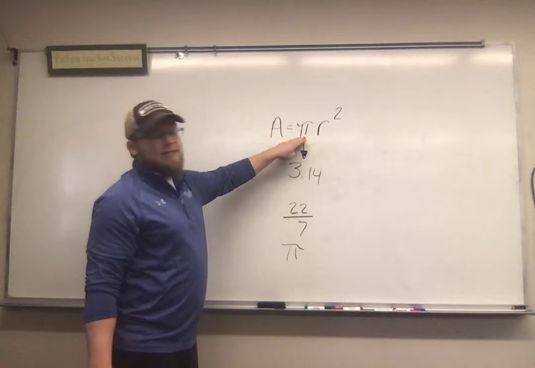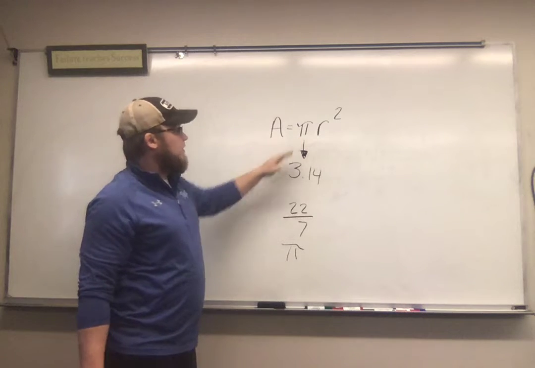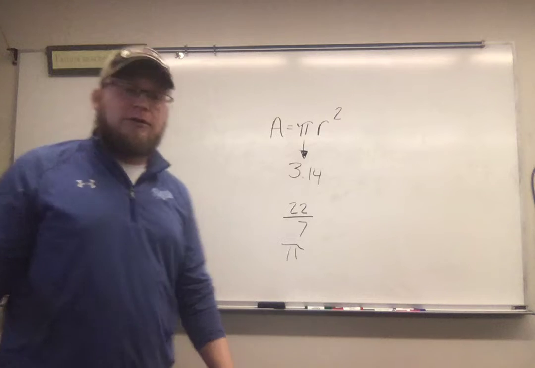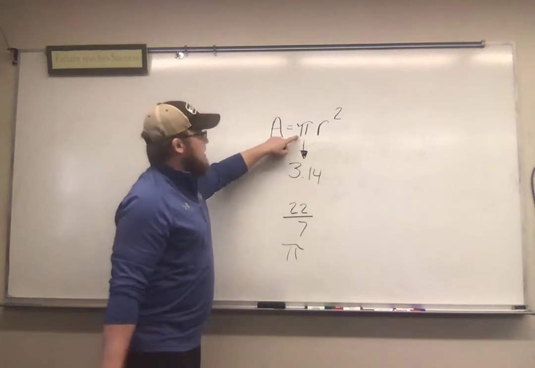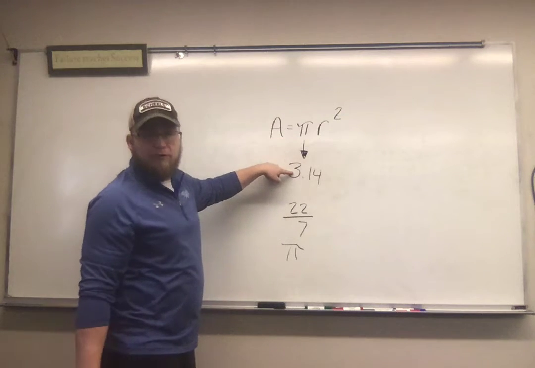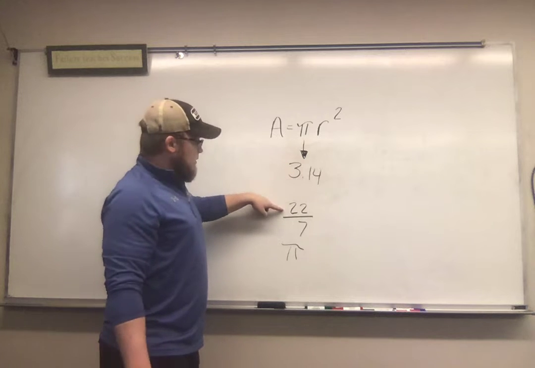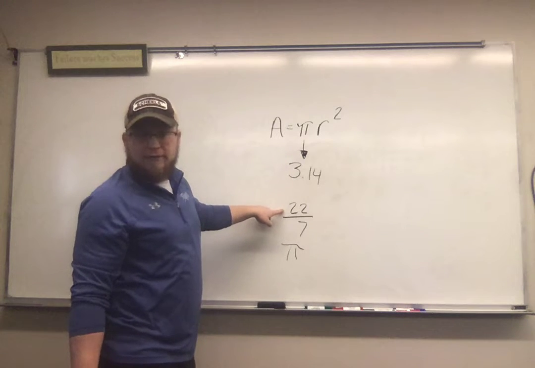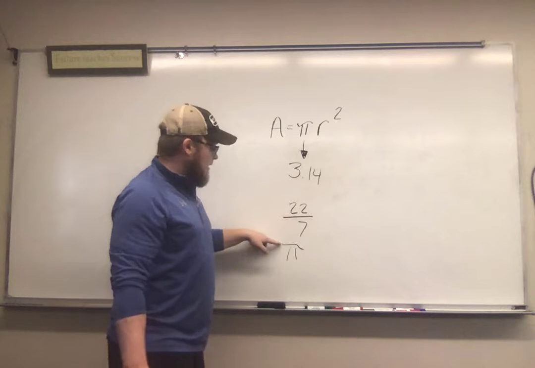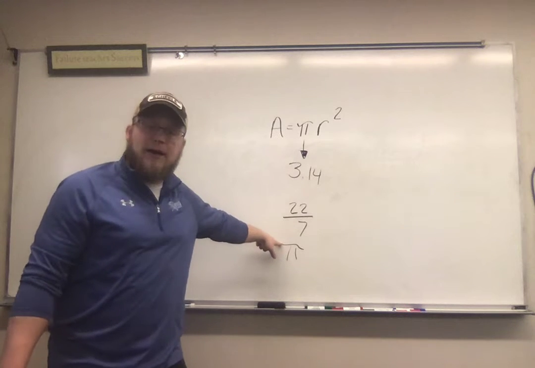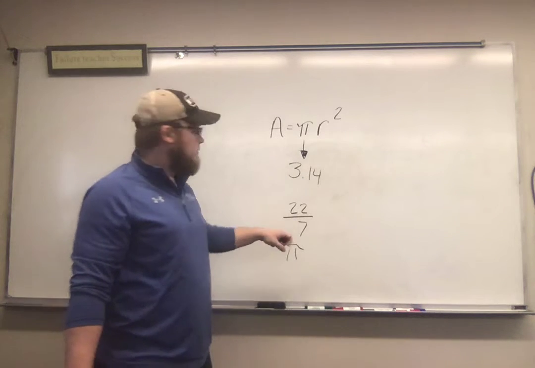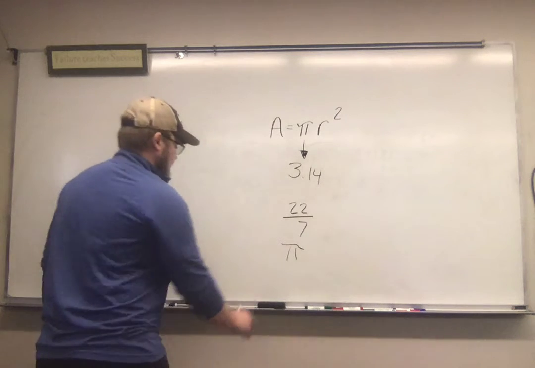Pi is the element that we use to figure out the circumference or the area of circles and stuff like that. Okay, it is the never-ending number. 3.14 is what we commonly use. Sometimes 22 over 7, not today. And sometimes it will say leave pi as pi. Again, not today.